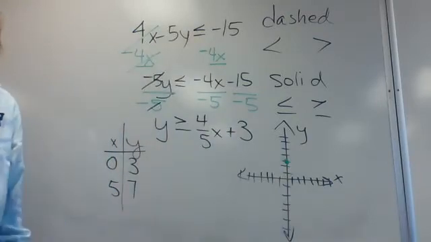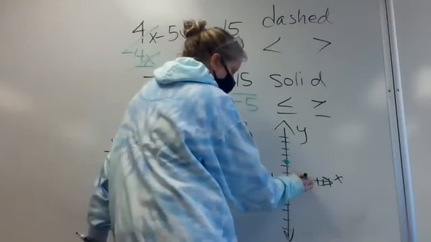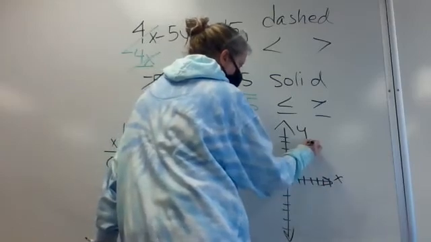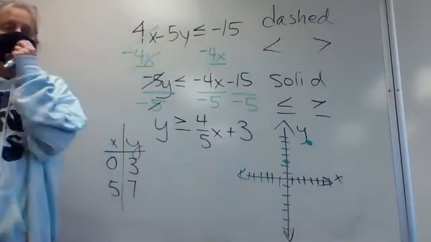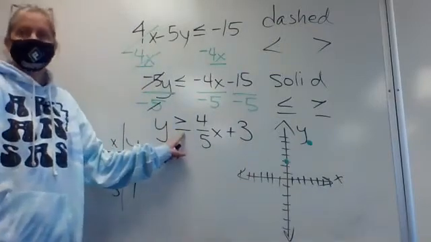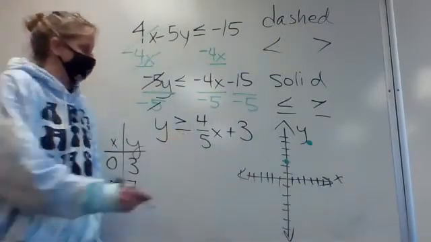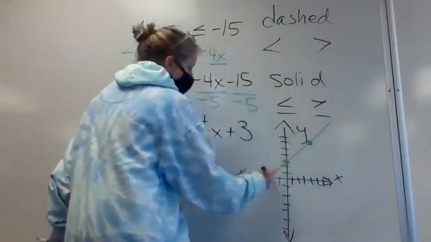And then 5, 7. So to the right 5, 1, 2, 3, 4, 5, up 7. And now remember, MathLab is going to connect that with a solid line. Do we want it to be solid? Yes. Yeah, if it has the equal to bar, we want it to be solid.